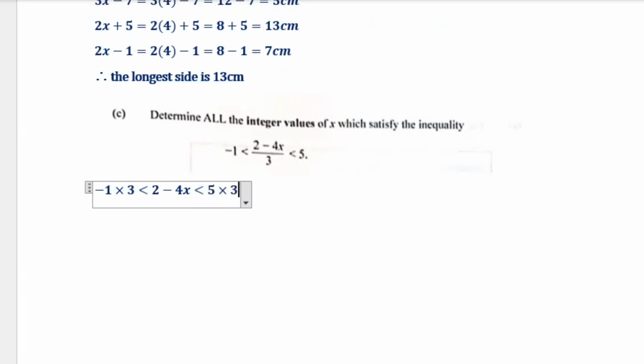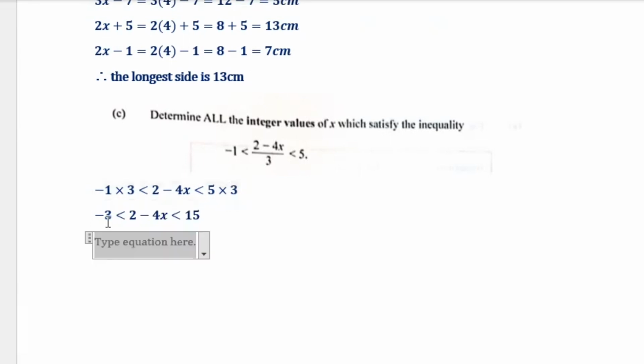So we're multiplying both sides of the inequality by whatever value you're removing from the middle, because the aim is to have only x remain in the middle. So when we do that, 3 times -1 will leave us with -3 is less than 2 minus 4x, which is less than 5 times 3, which leaves us with 15.